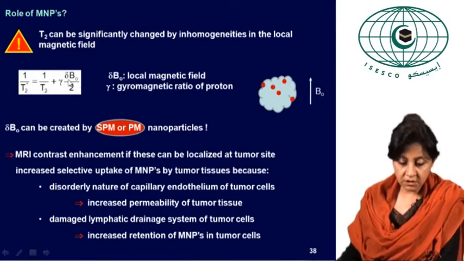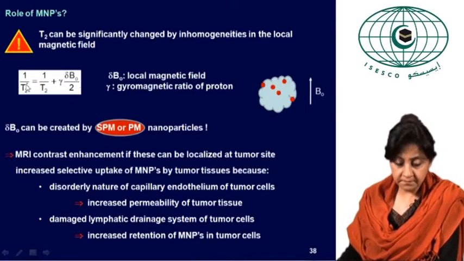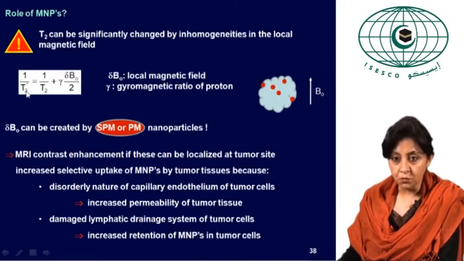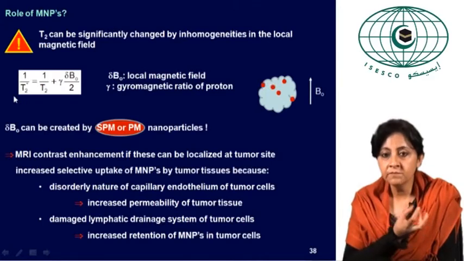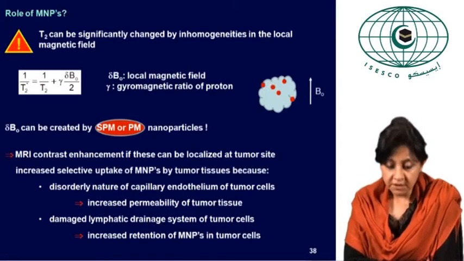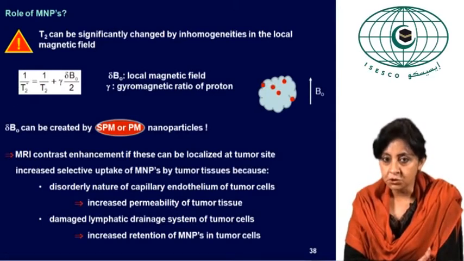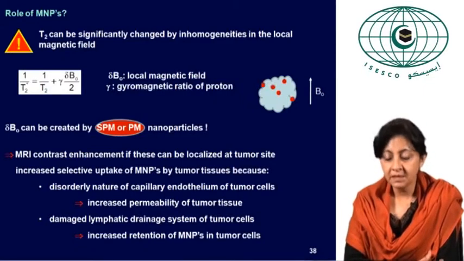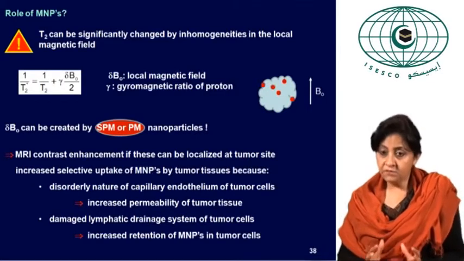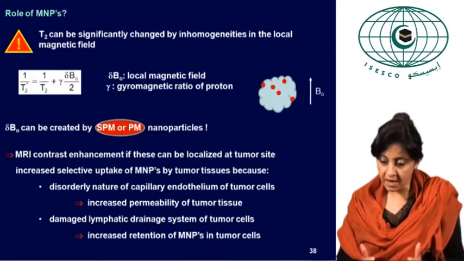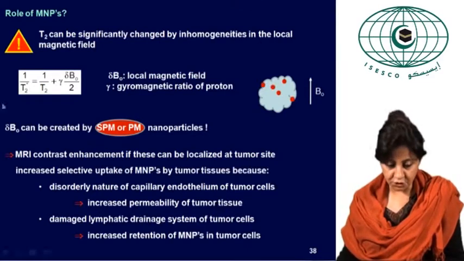And this delta B0 affects the relaxation time T2. So T2 for areas where there is a concentration of magnetic nanoparticles will be different from the surrounding tissue. And in this way, because the magnetic nanoparticles are concentrated at tumor sites, one can look physically at the size of the tumor and find out its location.